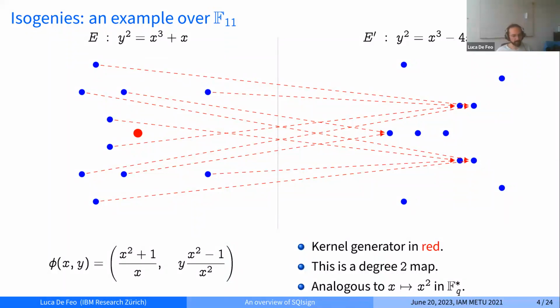And then just one last observation: this is in a sense a generalization of an algebraic map over the multiplicative group of a finite field. If you think of degree 2 isogenies, the analog would be the squaring map.